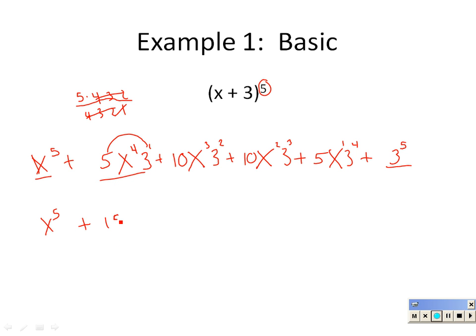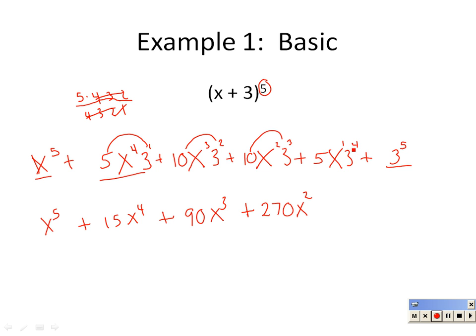That would be 15x to the 4th plus, now this one's a little bit tricky, this 3 squared here is a 9, so 9 times 10 will be 90 plus 3 to the 3rd power is 27, so multiplied with 10 would be 270x to the 2nd.